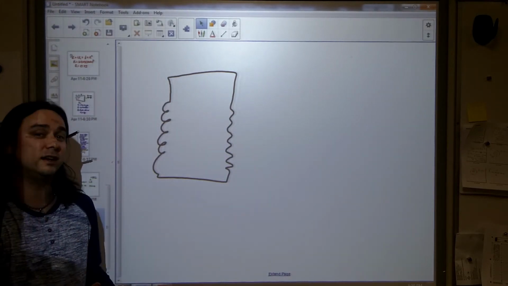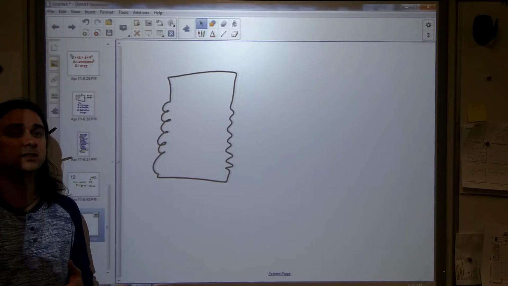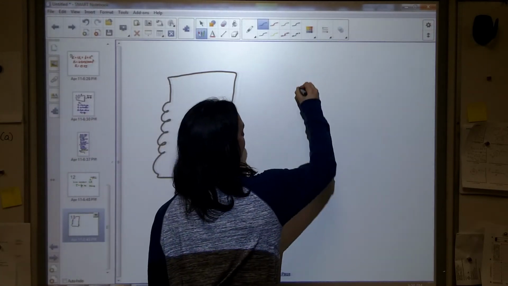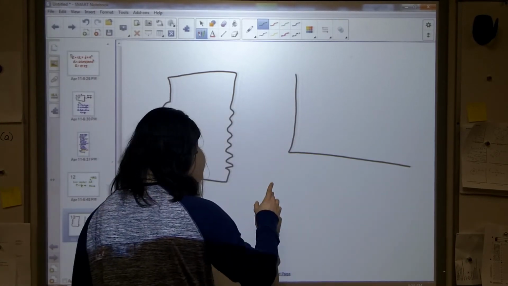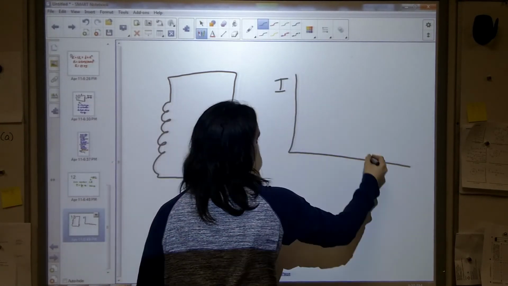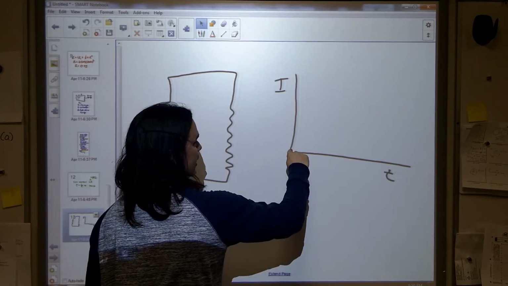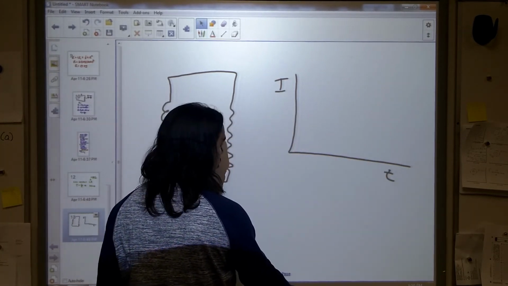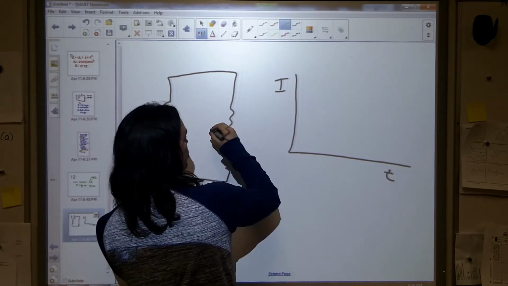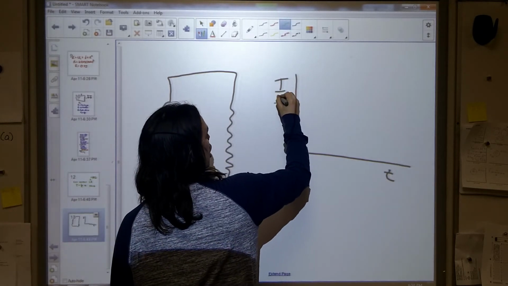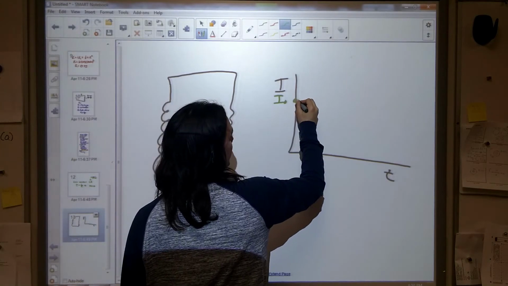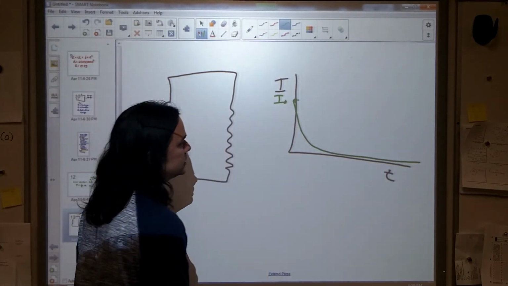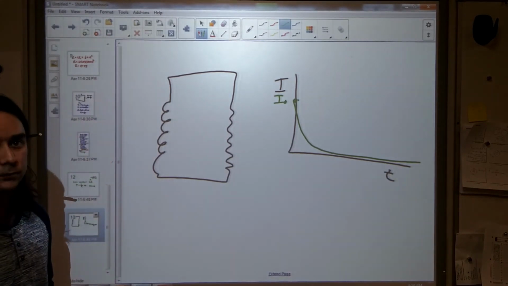You'll have another negative that shows up, because now the relationships are changing. Instead of having our current versus time as an increasing function that asymptotically approaches the total, at time equals 0, we start at our total current, whatever that may be, and we will drop down like this and have an exponential decay.